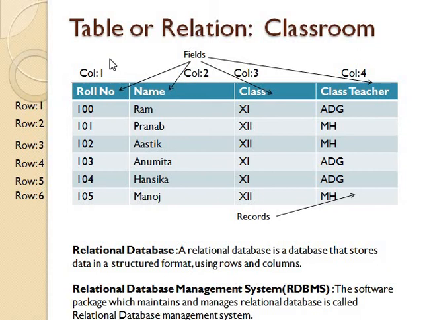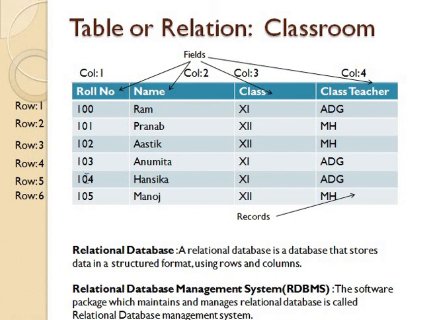Now, can you identify the location of the data item astic? The name astic is in the 3rd row and 2nd column. You can identify it easily in this table. Again, let's check for the data item 104.